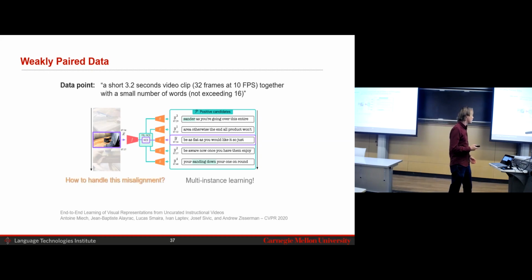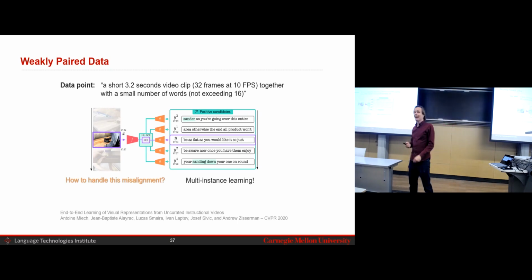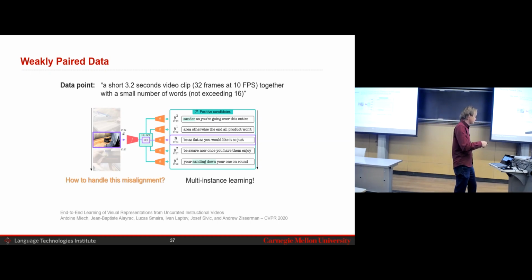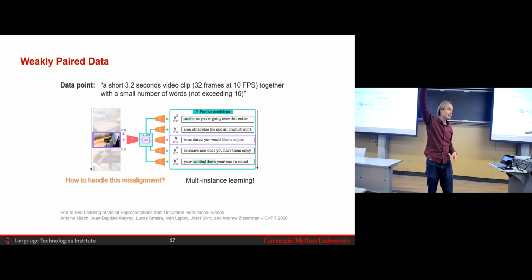So one approach is called multi-instance learning, and it's a really nice objective function. The idea is, let's see it as a bag of potential matches. I know that at least one of them is positive. I don't know which one, but I know that at least one of them is positive.